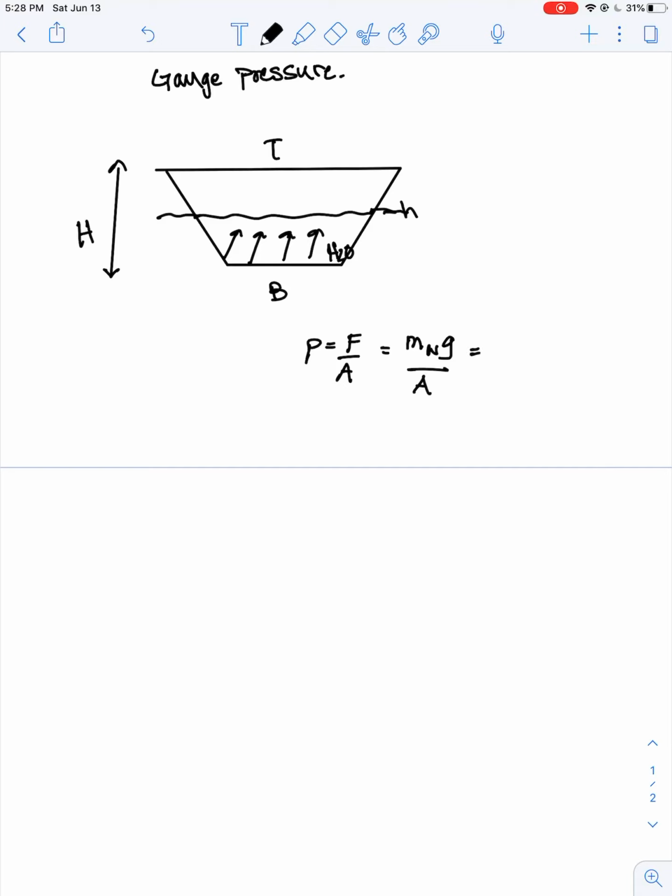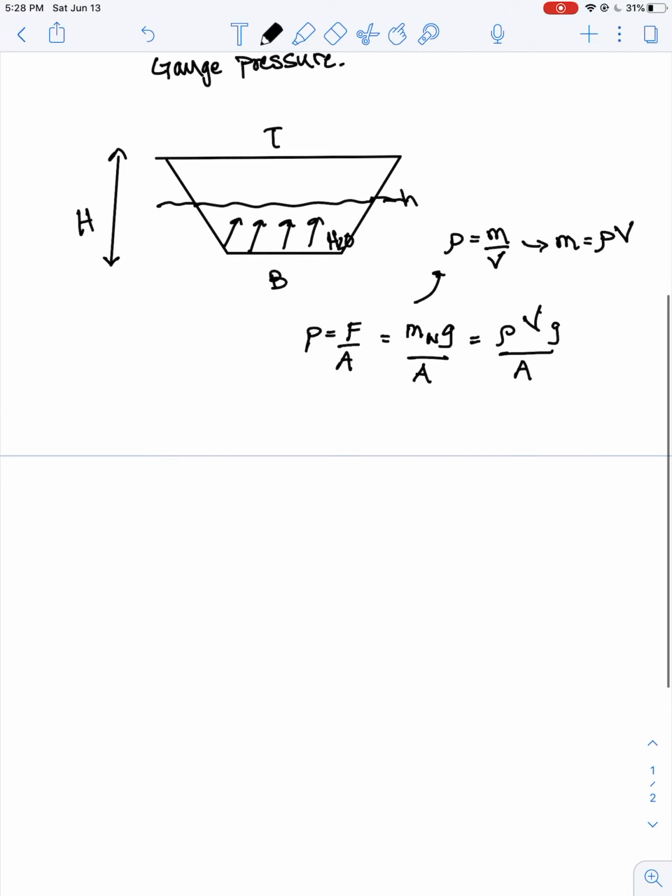And since the density is the mass over the volume, we can manipulate this to say that the mass is also the density times the volume. And by replacing this, we arrive at the pressure being the density times the volume times the gravitational acceleration over the area, but we can simplify this even more.